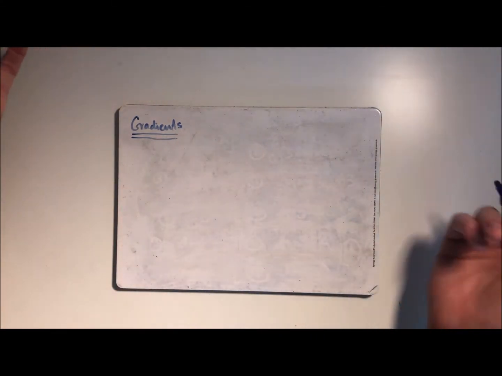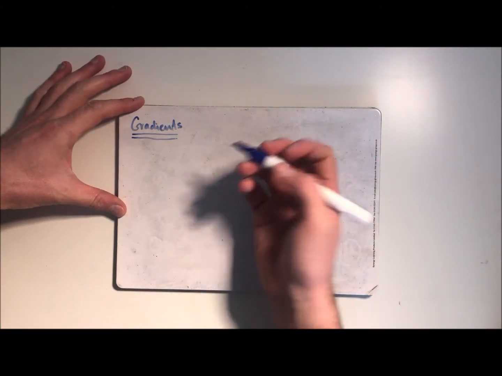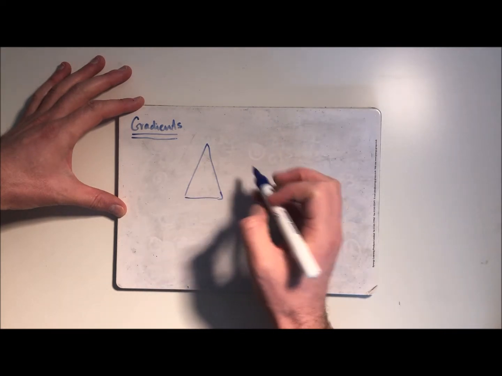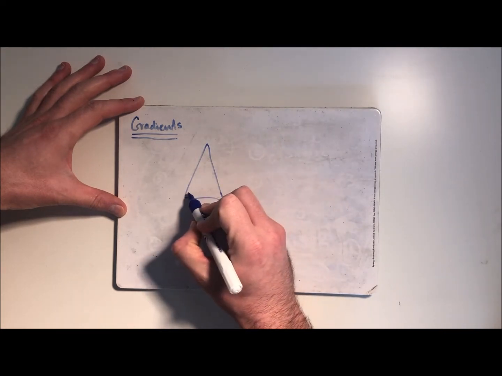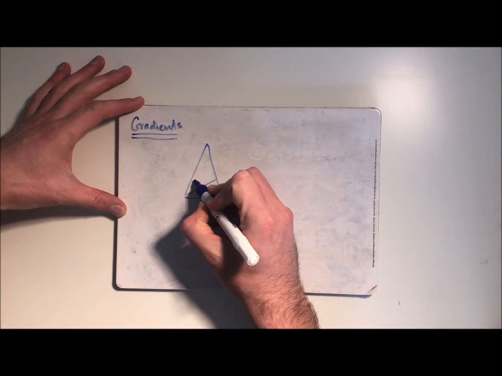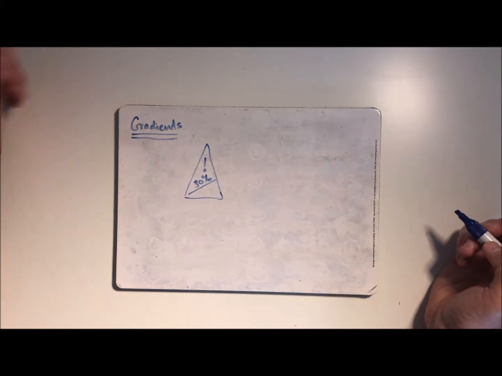Now, where do gradients exist in real life? I've seen signs before. You don't need to write this down necessarily. When you see road signs, you might see a wee line on it like that, and it might say something like 30%, and then there's maybe a wee exclamation mark above it.